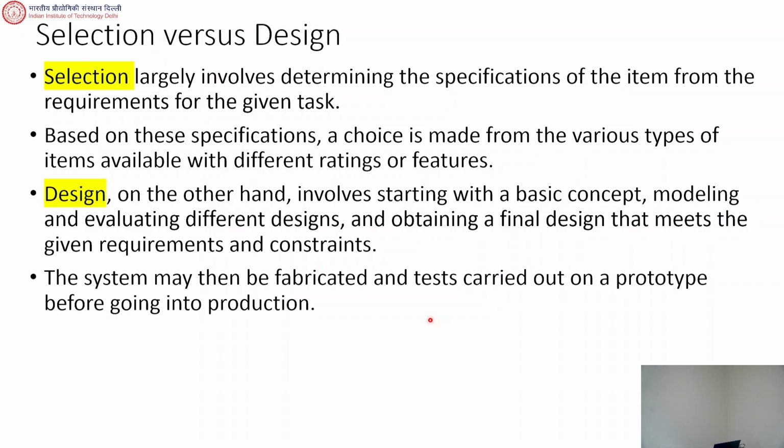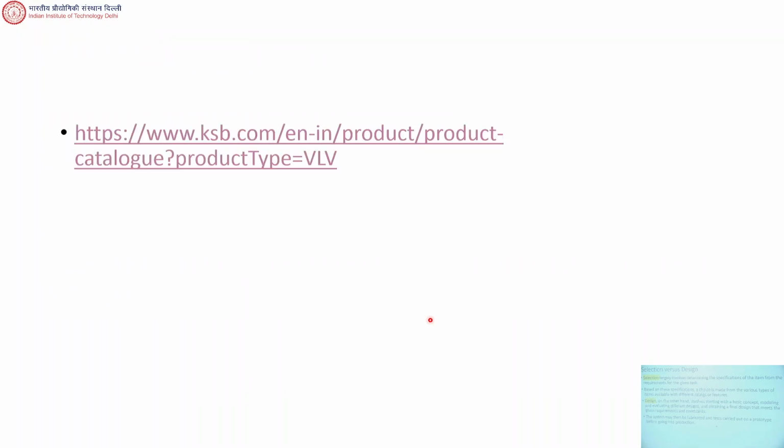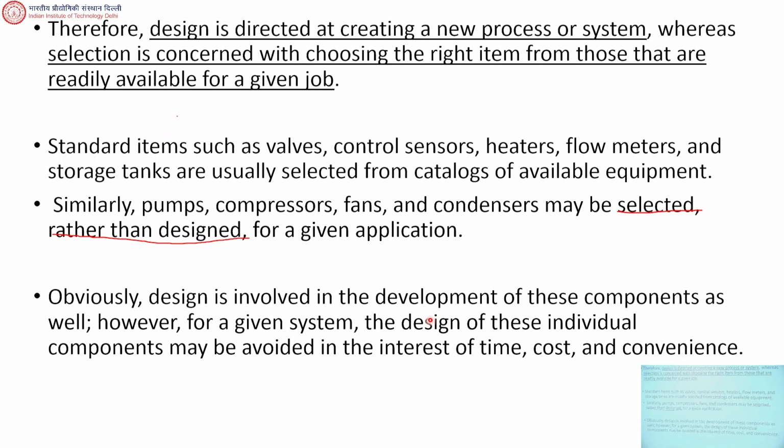I didn't talk about tests previously. You carry out tests to make sure that that particular design actually works. There is no other difficulty associated with it. Then it can go to production. That's the whole process. So design is directed at creating a new process or system, whereas selection is just choosing the right item.